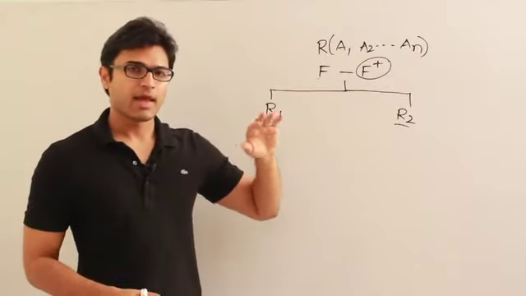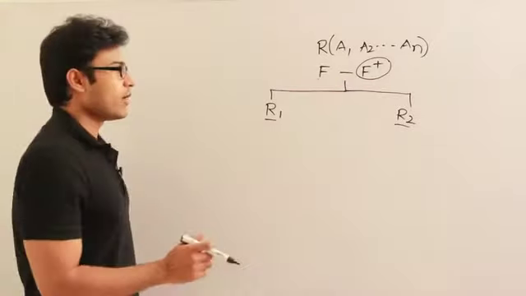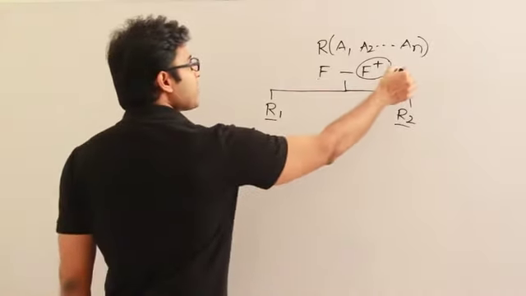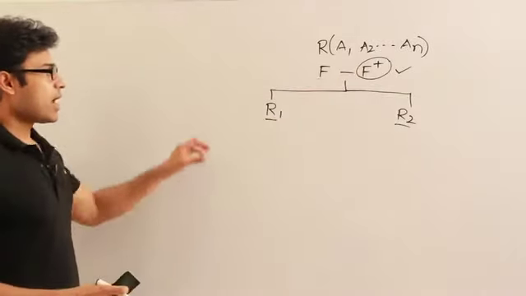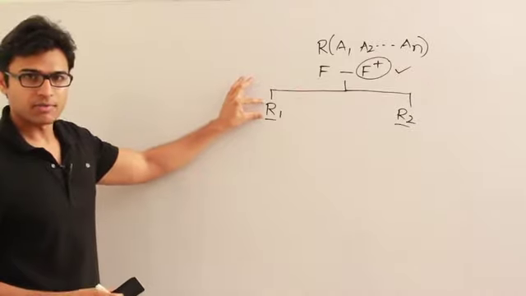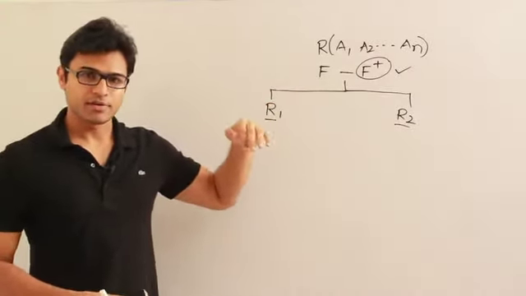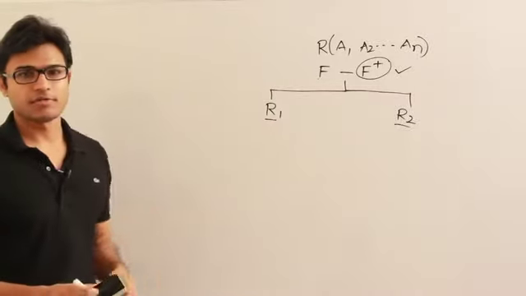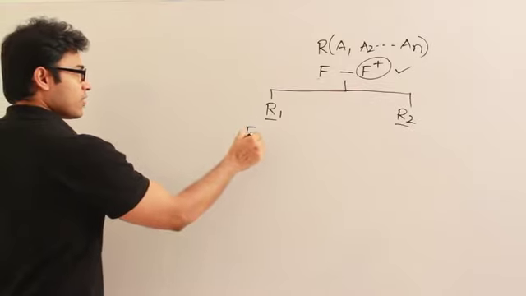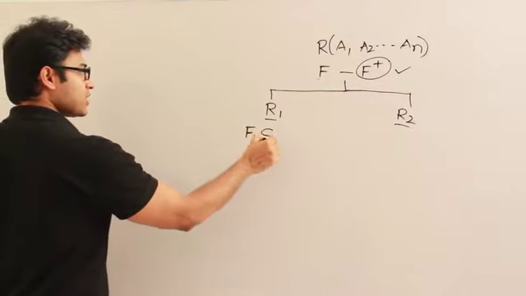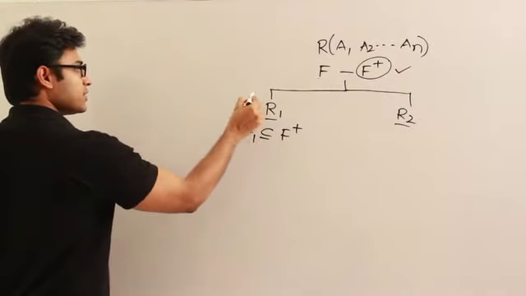Now we are trying to analyze the functional dependencies. Out of all of F plus, not all the functional dependencies will be applicable on one relation, because some of them might contain attributes which are not present in R1. So let us call F1 the set of functional dependencies, a subset of F plus, which are applicable in R1. Are you following this?